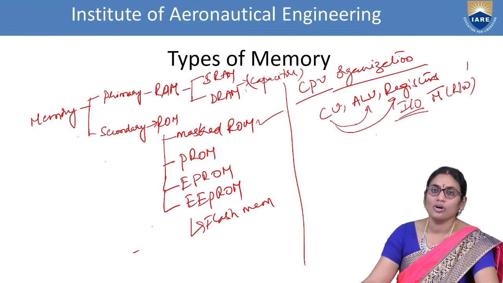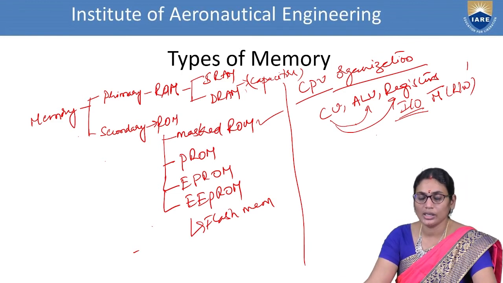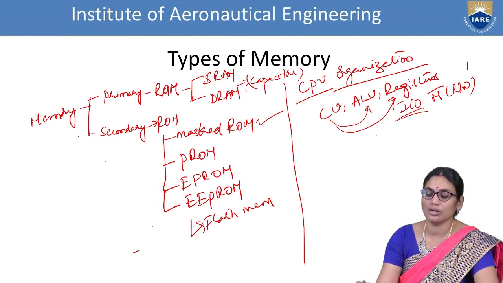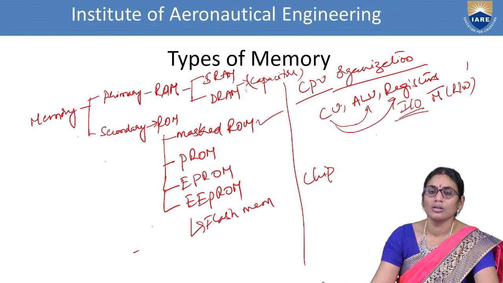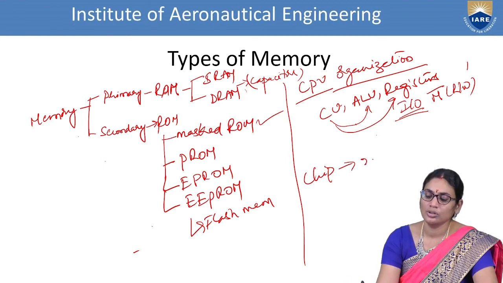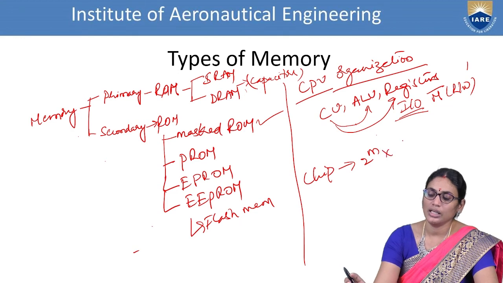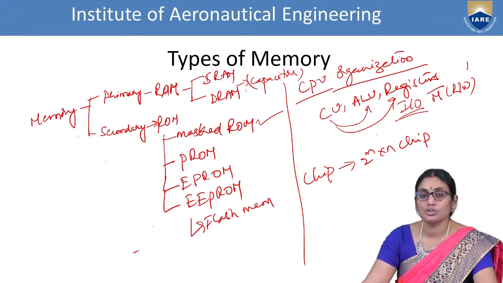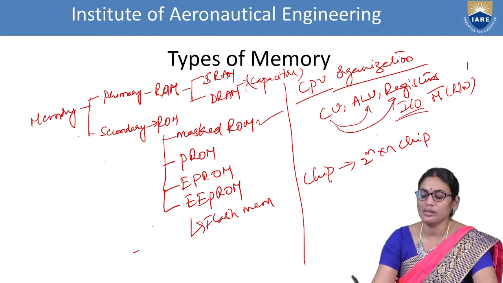Now, the data organization of a memory is generally stored in the form of a chip. Data in this chip will be in the format of 2 power m into n, where m is the number of address lines and n is the number of data lines.